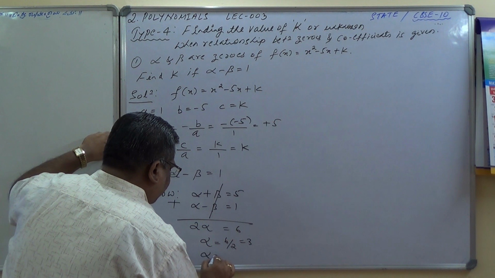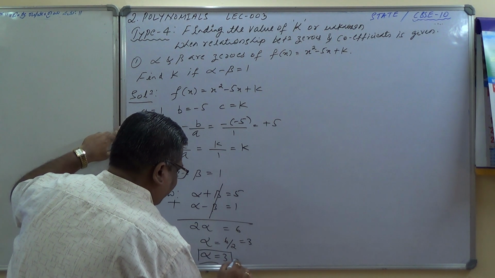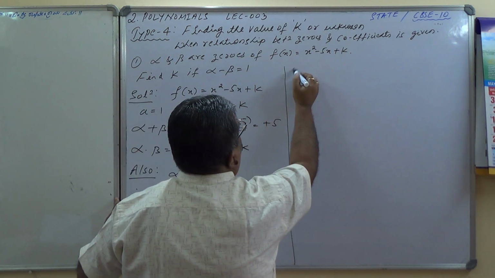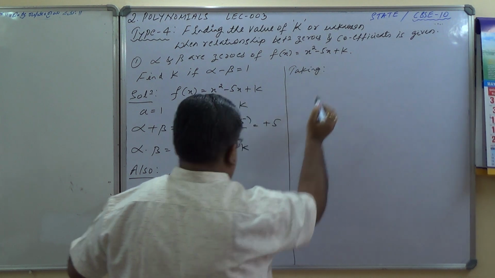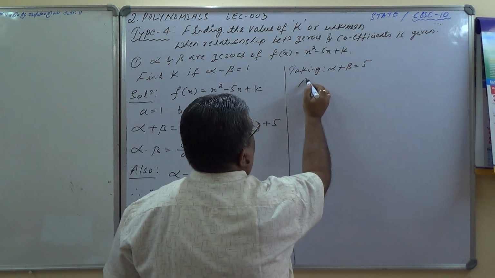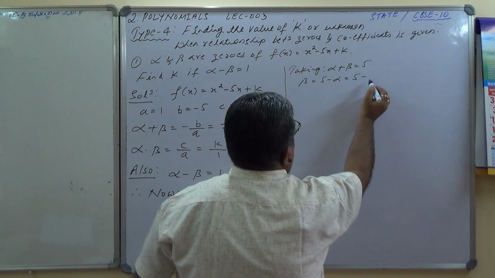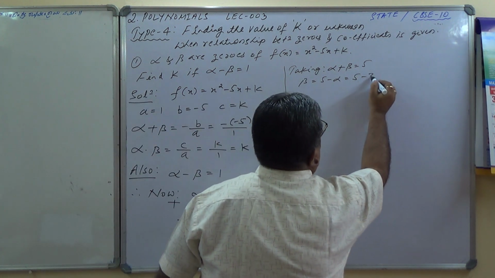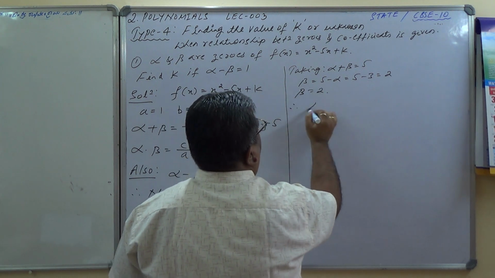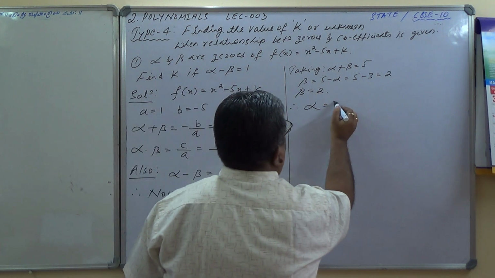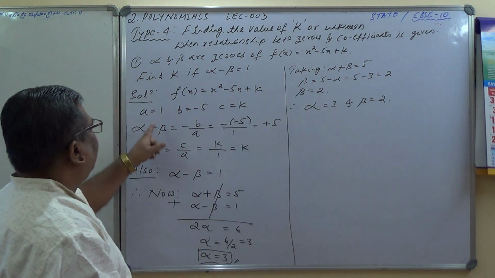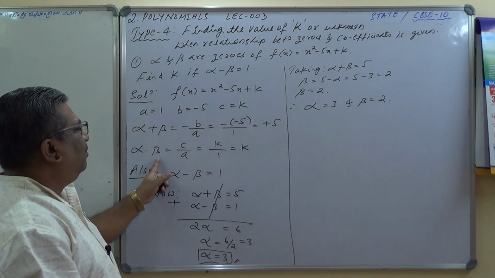Now substitute the value of alpha in alpha plus beta equals 5: beta equals 5 minus alpha, 5 minus 3, which equals 2. Therefore, alpha equals 3 and beta equals 2. With these two values, is it not possible to find the value of k, because alpha into beta equals k?